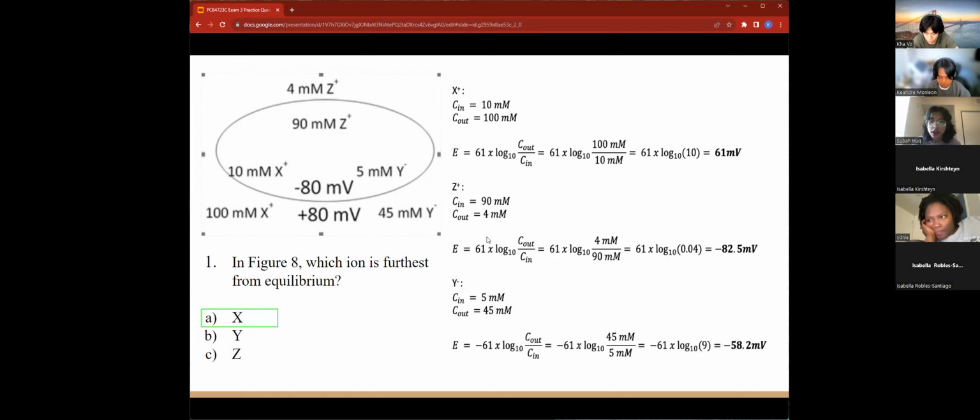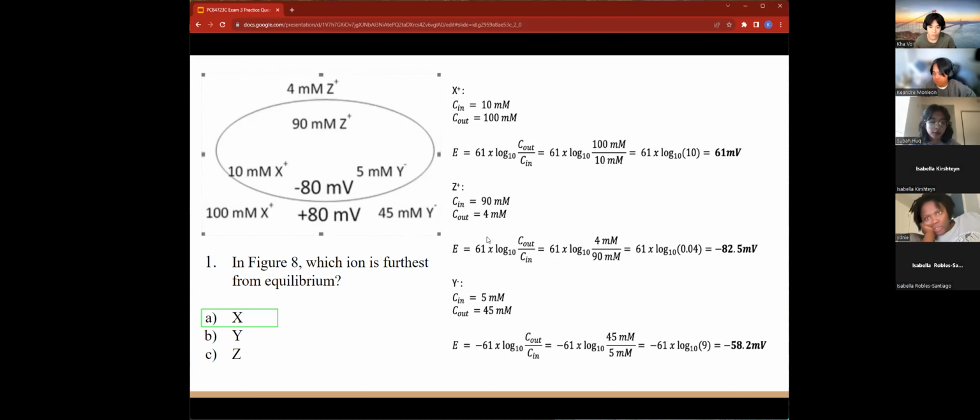Once you have that, you need to compare it to the membrane potential. When you're looking at membrane potential, look at the number that's inside the cell. You're looking from an inside perspective. Since the membrane potential is negative 80 millivolts, you want to find the ion that's the furthest from -80.